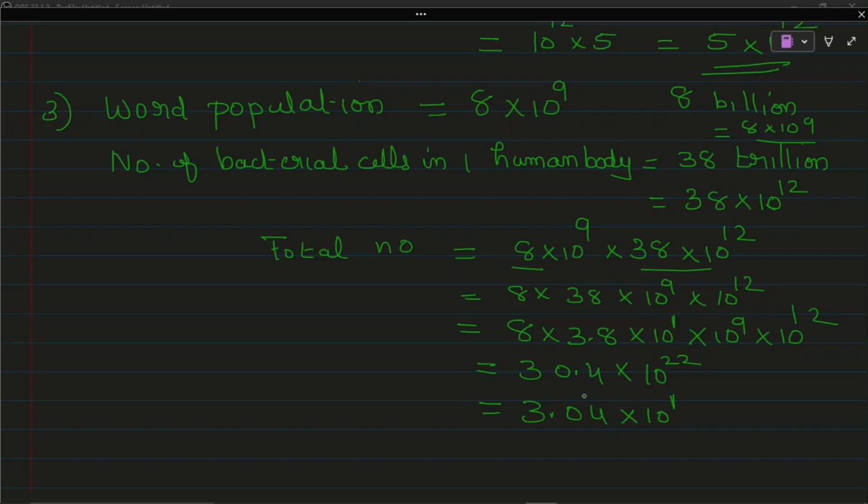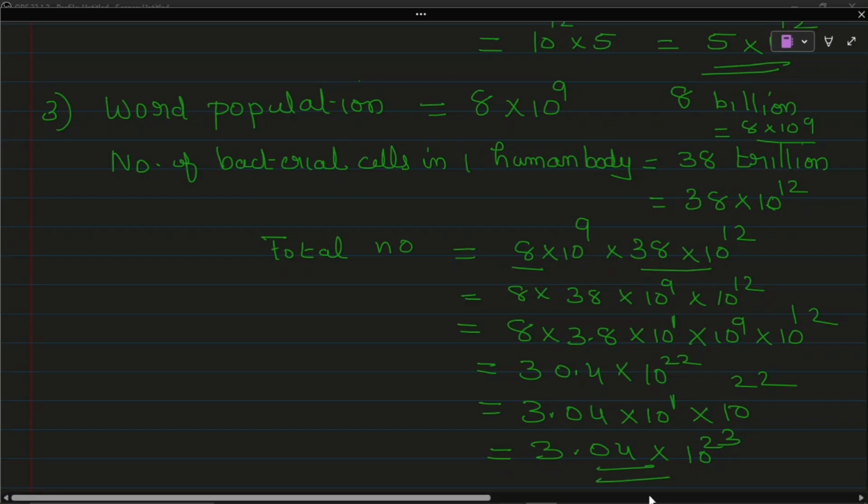Since I have changed the decimal one place left, the power of 10 is 1. Then 10 raised to 22 is already there. So the final answer is 3.04 into 10 raised to 1 into 10 raised to 22, that means 10 raised to 23. That is the final answer. And I hope all of you understood all these questions.